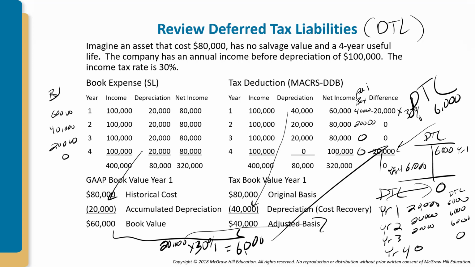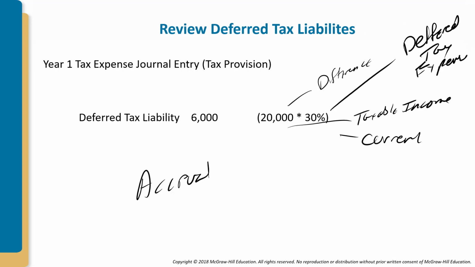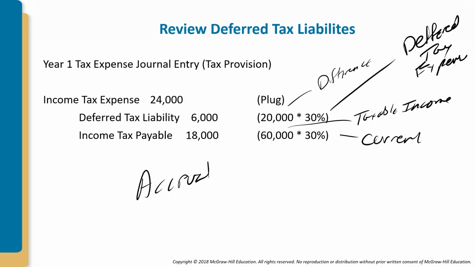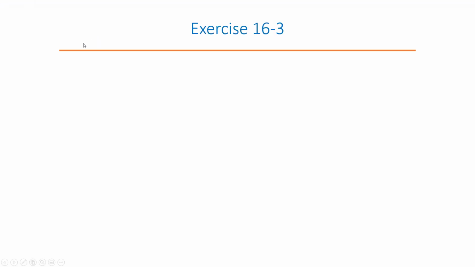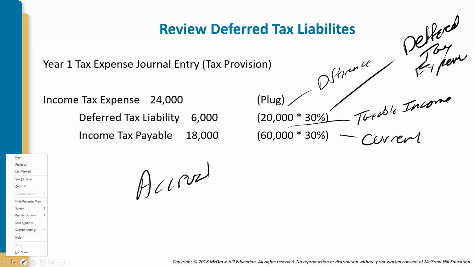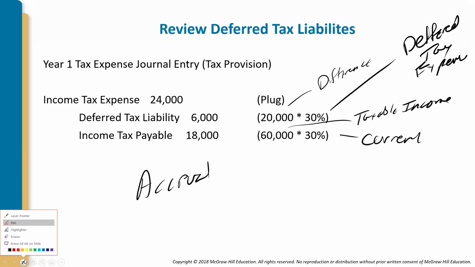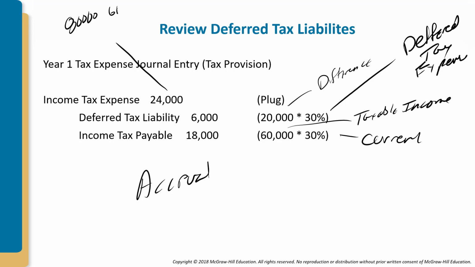$80,000 times, if you want to think about it, and this won't always work, but isn't this $24,000 really our tax expense? Couldn't we also compute that by going $80,000 in GAAP income times our 30% tax rate?